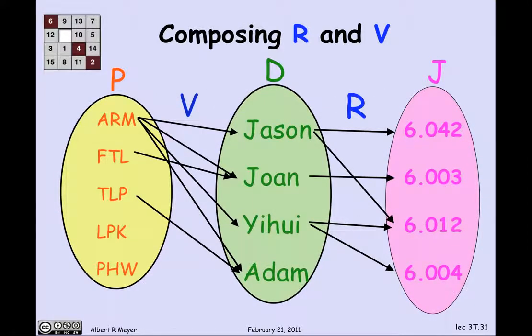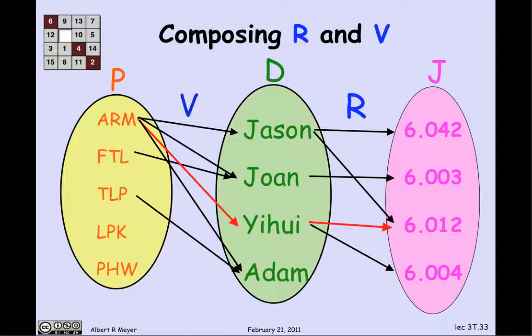So I'm going to draw the V relation, which goes from P professors to D students, and then the R relation that goes from D students to J subjects. And by showing them in this way, I can understand the composition of R and V as following two arrows. You start off, say, at ARM, and you follow a V arrow from ARM to his advisee, Yi-Hui.